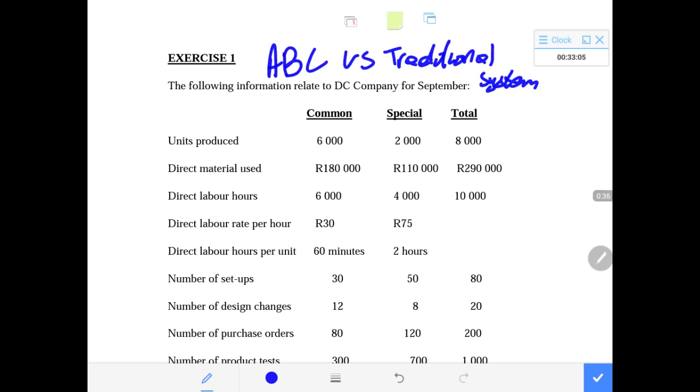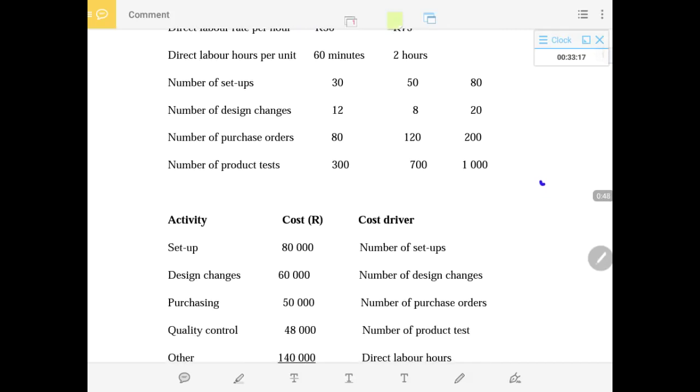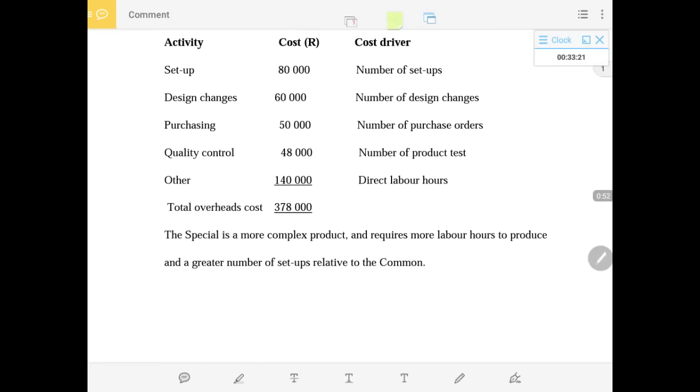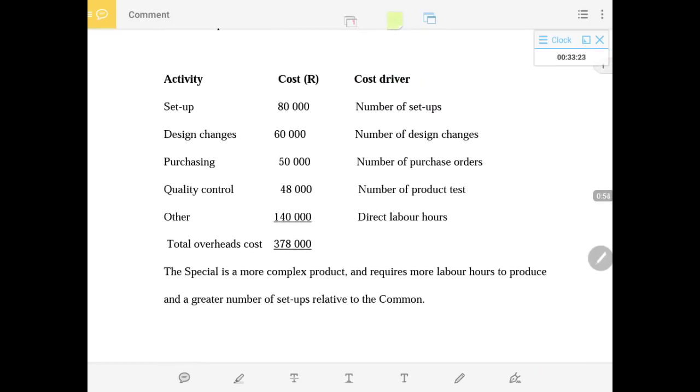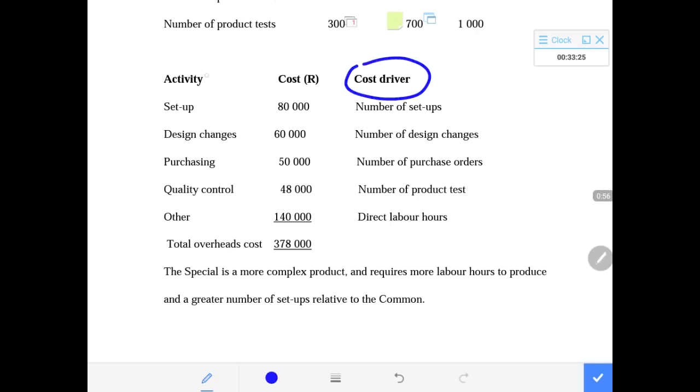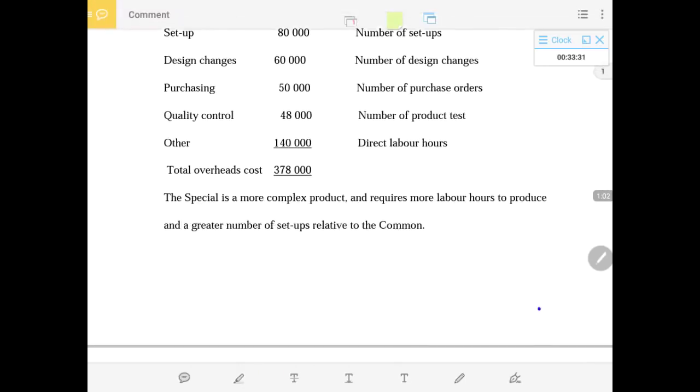So now we will be doing both methods, calculating the cost per unit or per product using ABC and the traditional method. And then let me also go to the requirements, though I have already informed you of what is required. And the minute you see the cost drivers, you see the activity, you can easily identify that this is an activity-based costing.